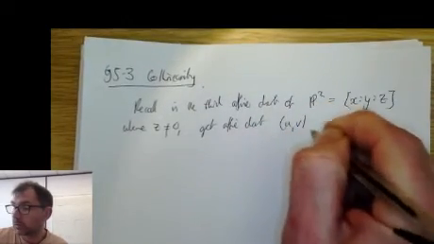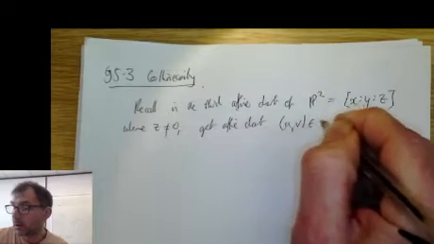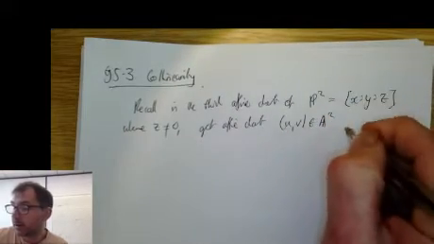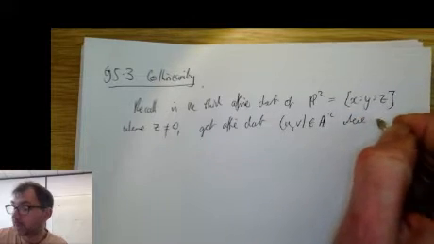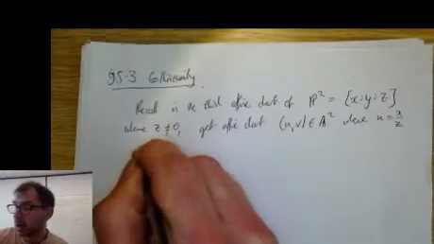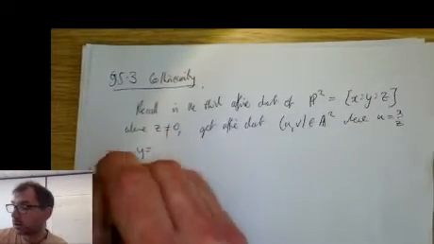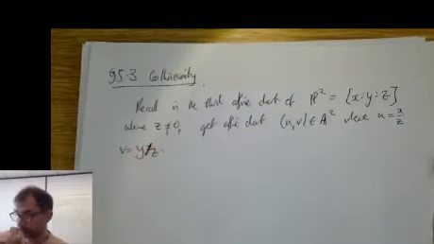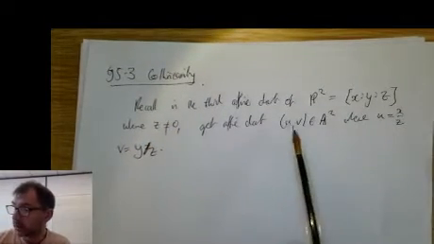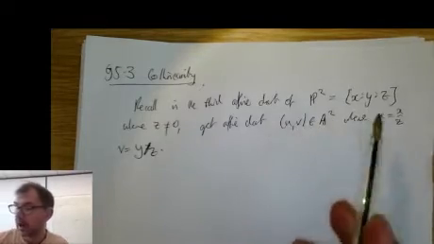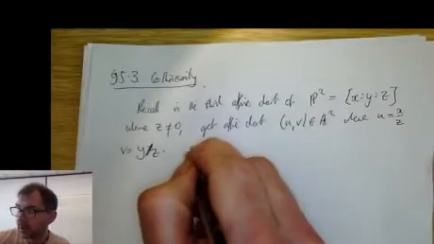So (u, v), which are in A squared, where u is x over z and v is y over z. Okay, so what does a general line look like in affine space?